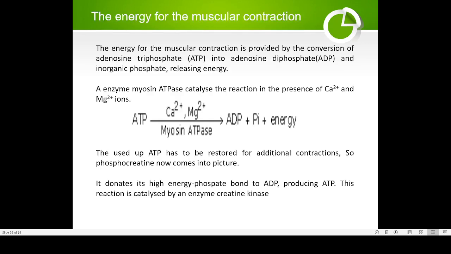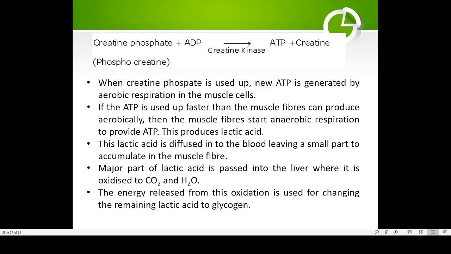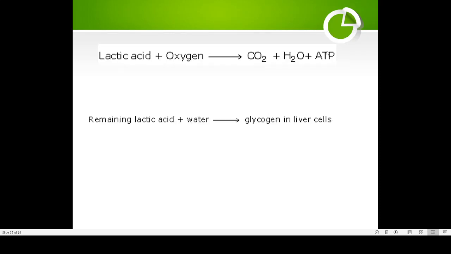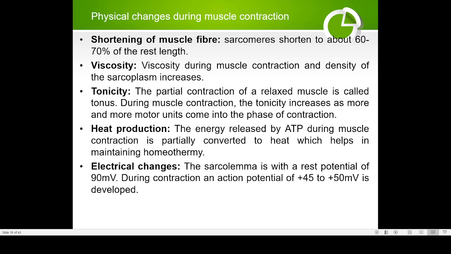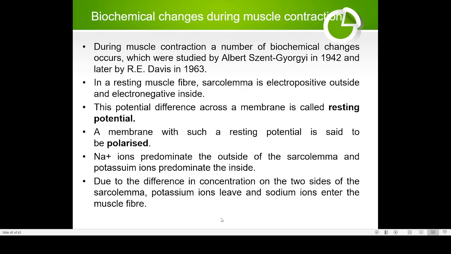ATP will be undergoing splitting, forming energy and ADP, and ADP will be again combining with the creatine phosphate or phosphocreatine, recreating one new molecule of ATP along with the creatine. These are some of the other changes that are happening.